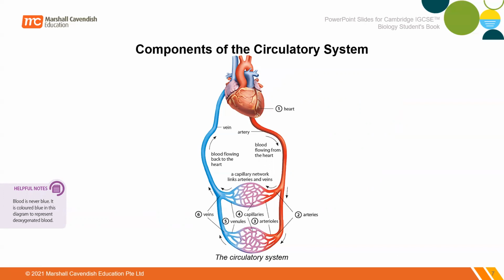So we have a heart, and the heart is the main engine or motor to pump the blood to the lungs for gas exchange. We have arteries and veins to take the blood away from the body to the heart.